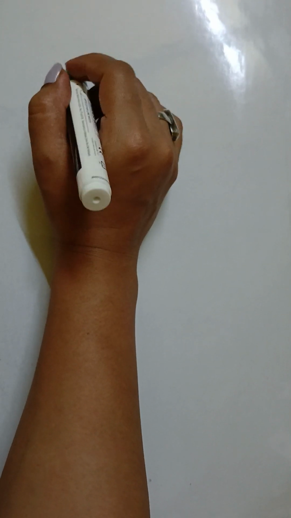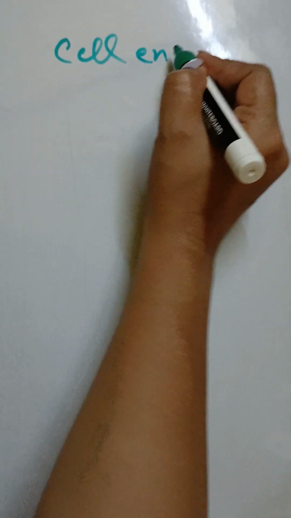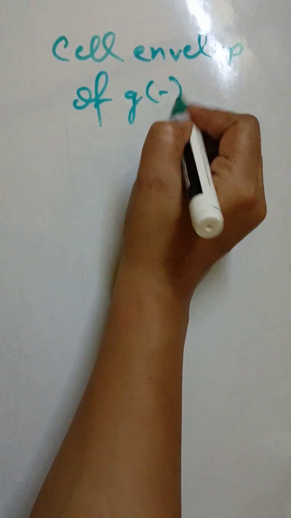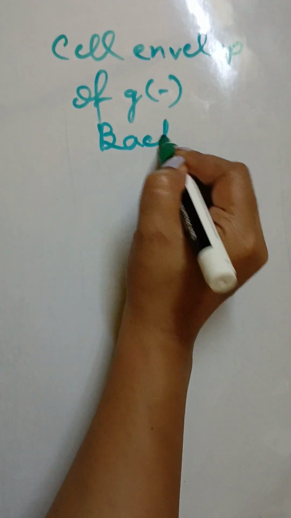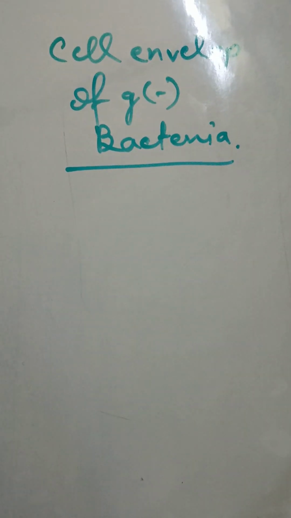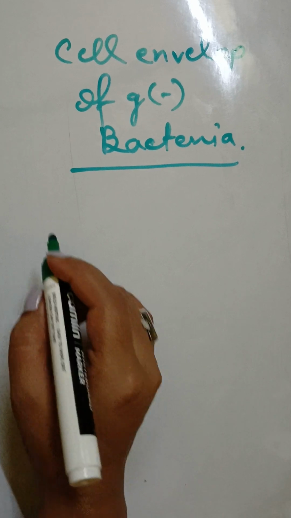Today we're going to learn about the cell envelope of gram-negative bacteria. Gram-negative bacteria have a cell envelope which is much more complex than that of gram-positive bacteria. Why?